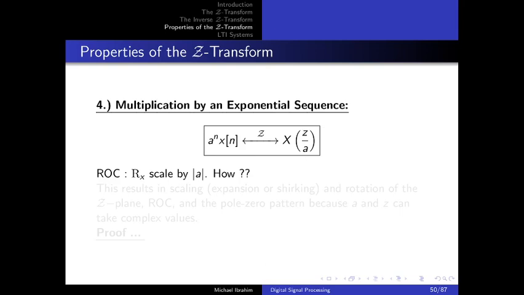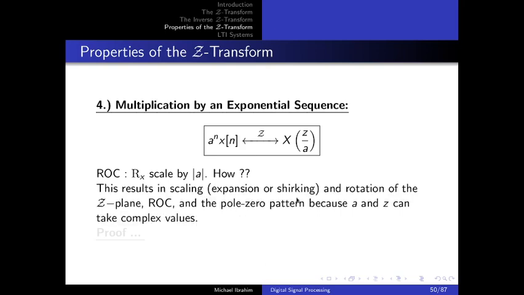So the ROC is scaled by a factor of modulus a. So in this property, when you multiply in the time domain by a to the power n, in z domain you replace every z by z over a. In the ROC, or the expression for x of z, you replace every z with z over a. And this will give you scaling for the ROC.